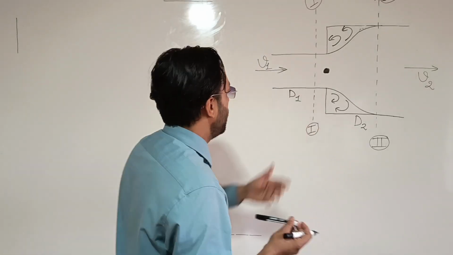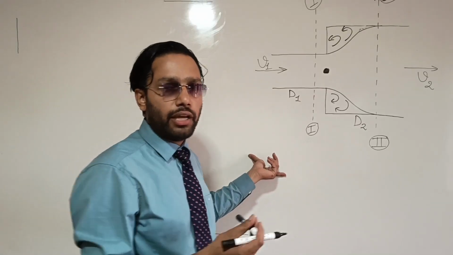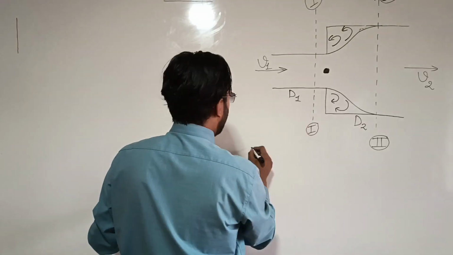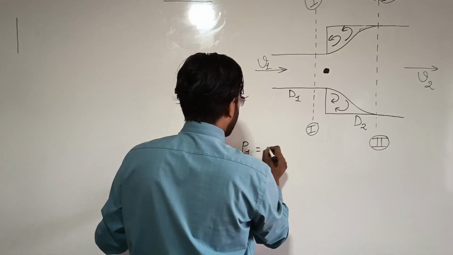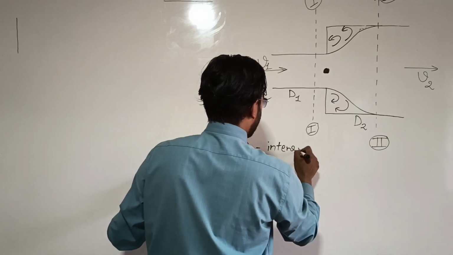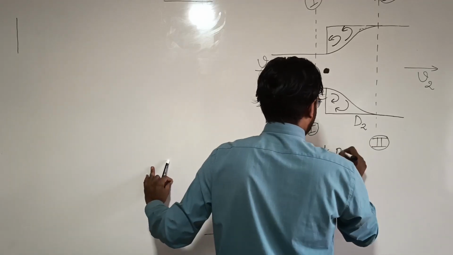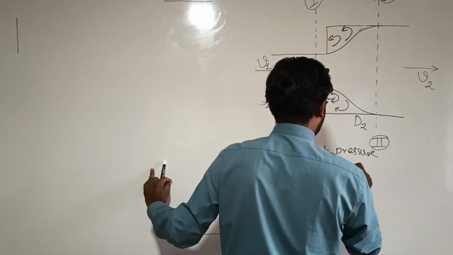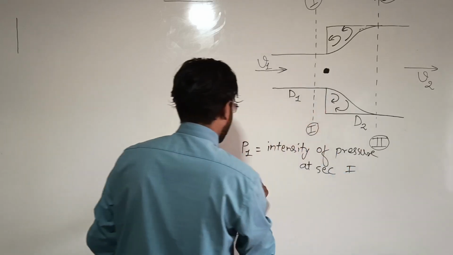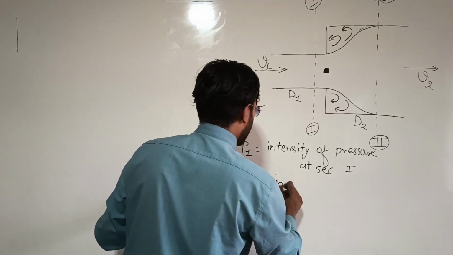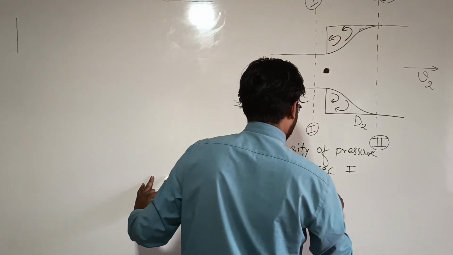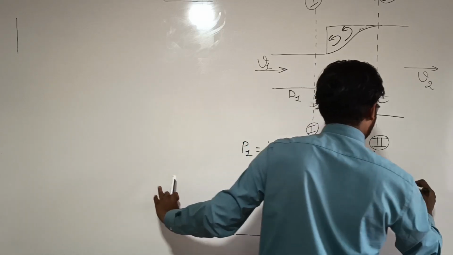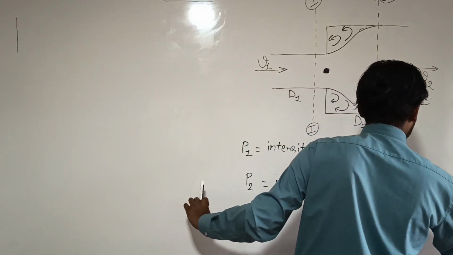Let's define the variables here. P1 is the intensity of pressure at section 1, and likewise P2 is the intensity of pressure at section 2.